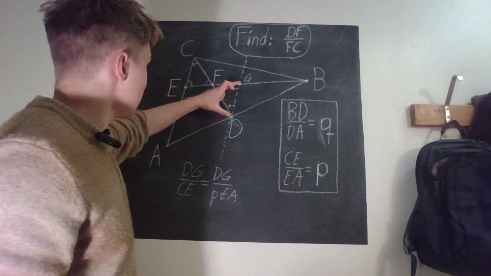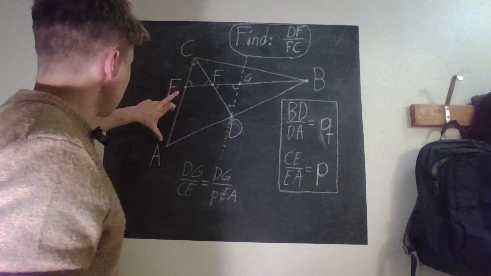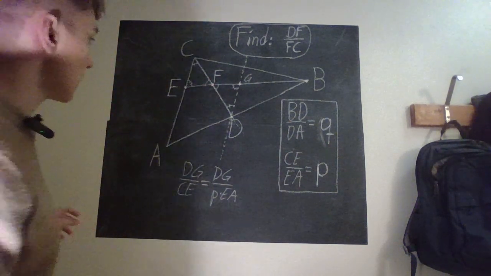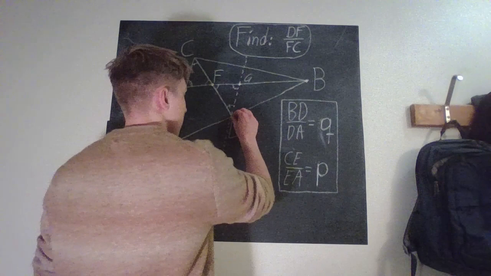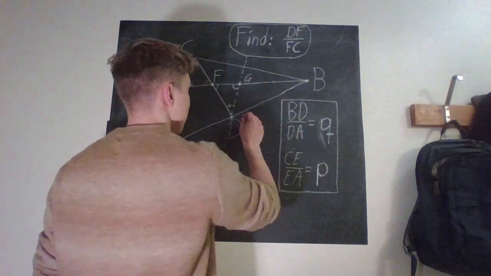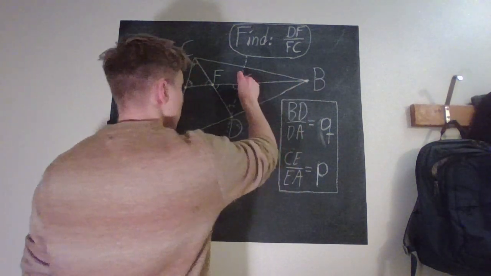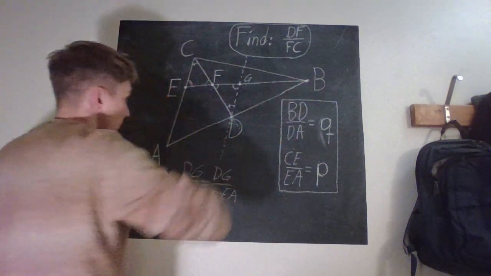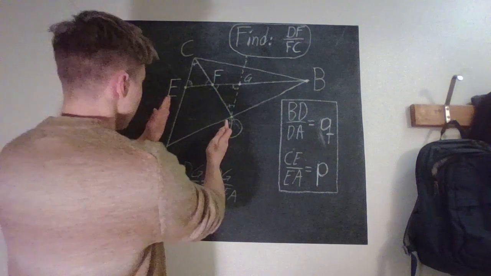Okay, so that's nice. Then what do we have here? Okay, we have DG over EA. This relationship, oh, that looks really nice. See, the triangle DBG is also similar to ABE, of course, since these lines are parallel.